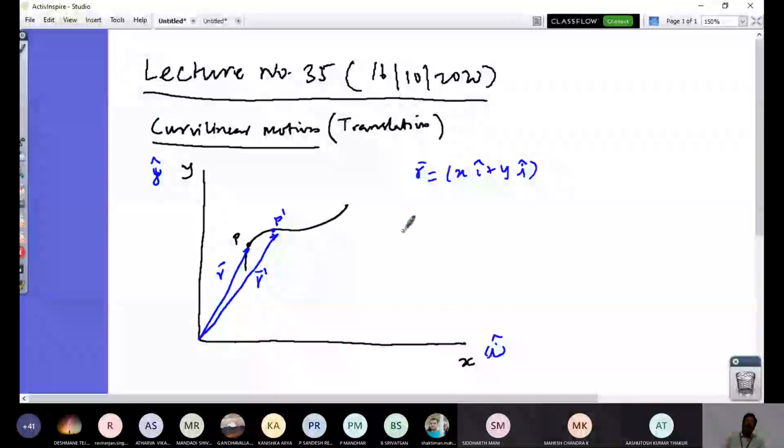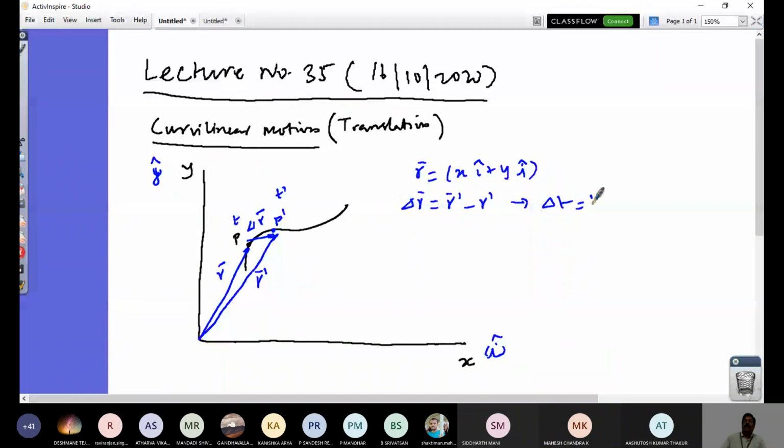Now the change in position is this delta r vector. Delta r vector is r dash vector minus r vector over the time of delta t. So this is t, and this is t dash. Delta t is t dash minus t.